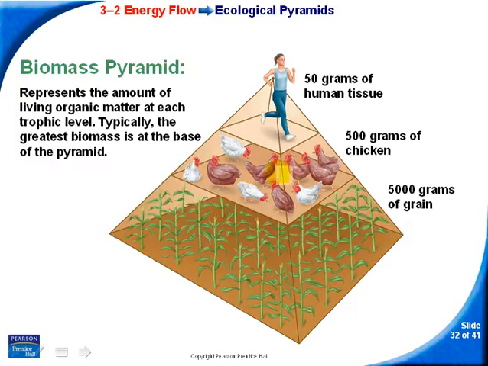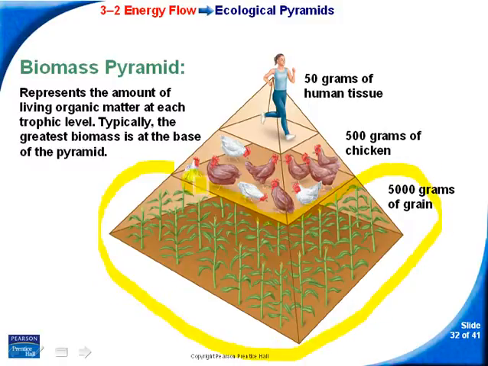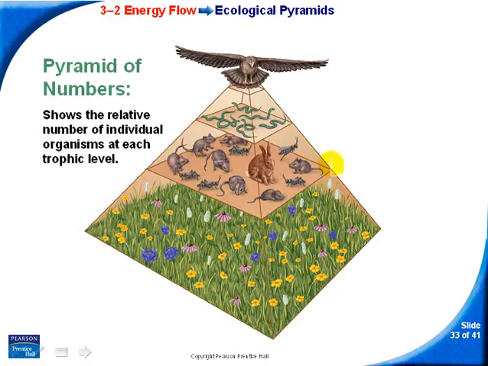And you can see once again that the most biomass in an ecosystem is going to be on the bottom with the producers, and as you go up, you usually have 10% of the biomass with each level up in the pyramid.